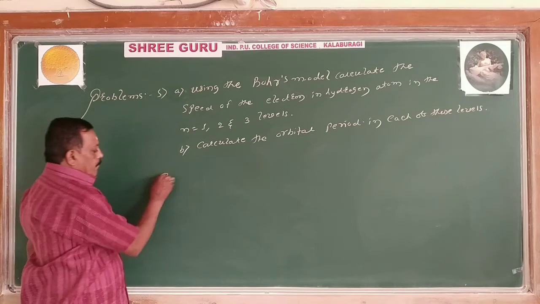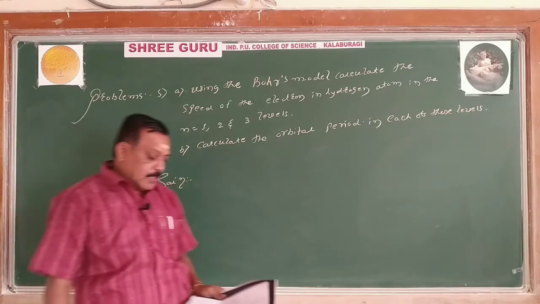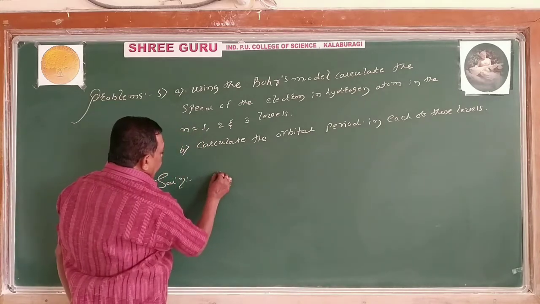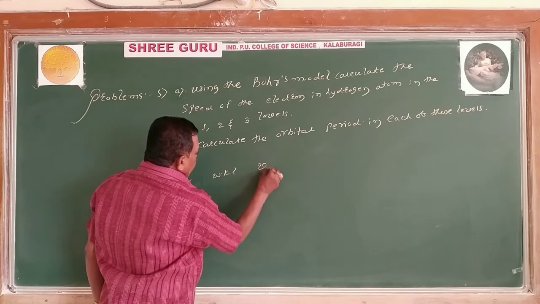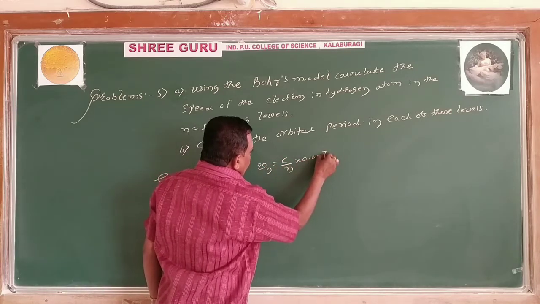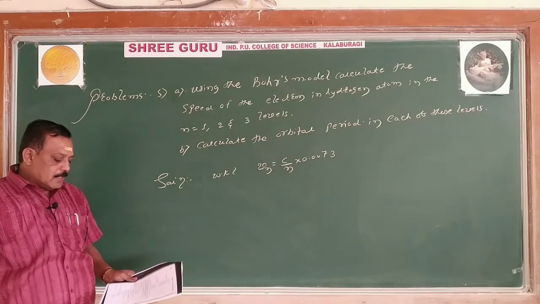Solution. We want to calculate the velocity. So we know that Vn equals to c by n into 0.0073. Already we have been given this, right?